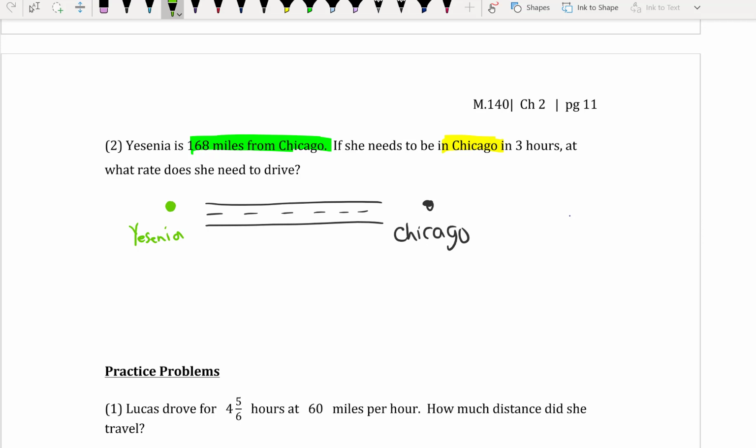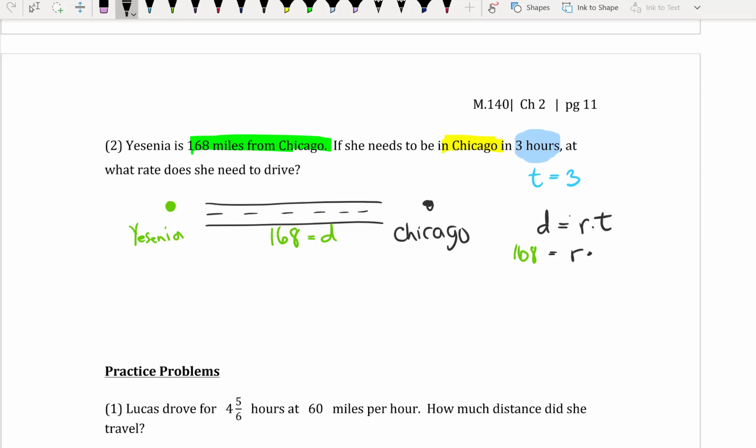So you don't know where she is, but you do know that wherever she is, to get to Chicago is going to be 168 for your total distance traveled. And it also gives you your hours, so that would be your time. So your t is equal to 3. So if you have the formula that distance is equal to rate times time, well, the distance was 168 that Yesenia had to travel.